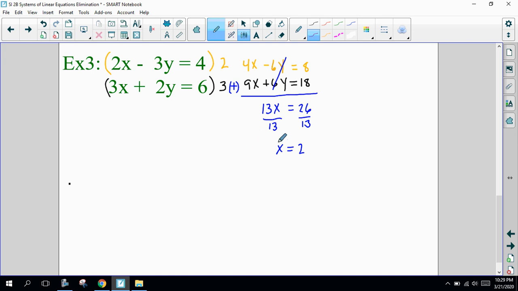Well, now that I have my x value of 2, much like we've done in previous problems here, we just simply find the equation up here. The second one's just convenient to work with, so I'm going to substitute this value of 2 in here for the x.